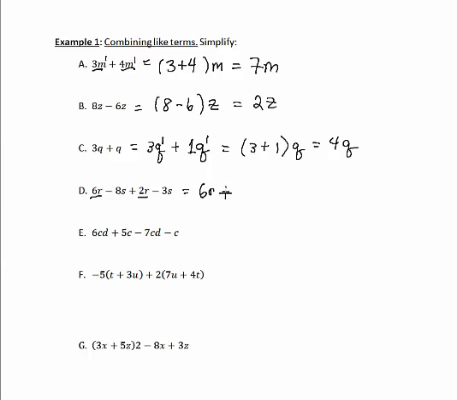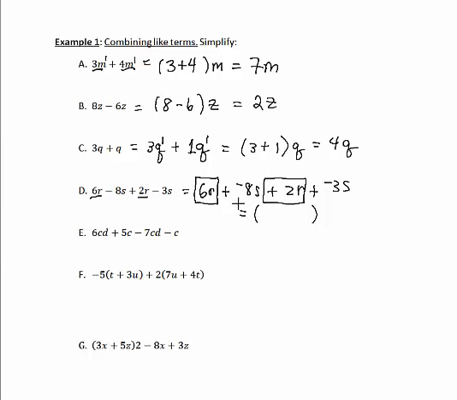So I'm going to rewrite this as 6r plus a negative 8s plus 2r plus a negative 3s. So in other words, you simply have to realize that the operation in front of the term simply follows the coefficient and the variables.